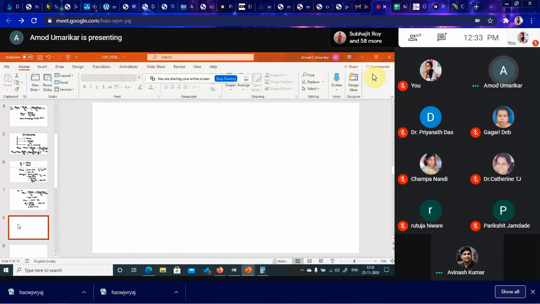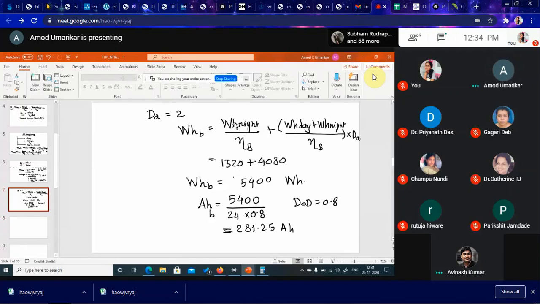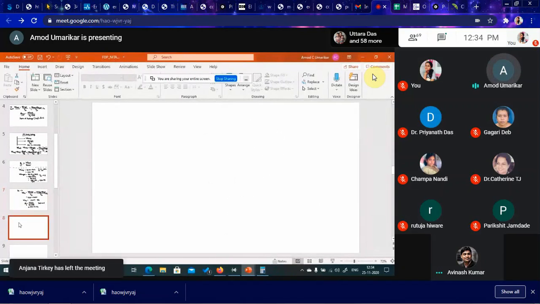Now the next part is array size. We already know what is day and night. So what will be the array size?